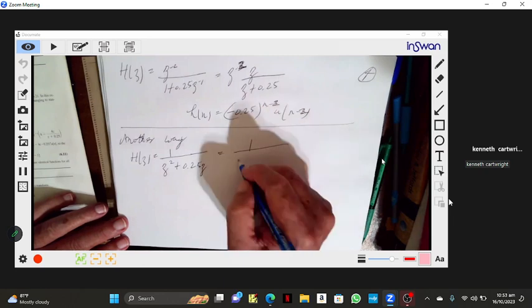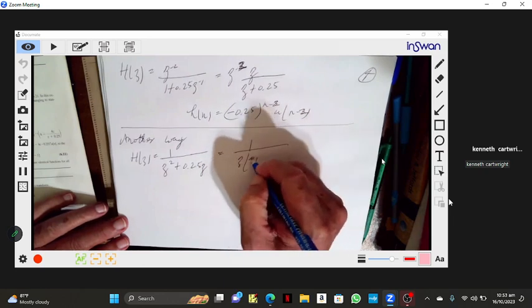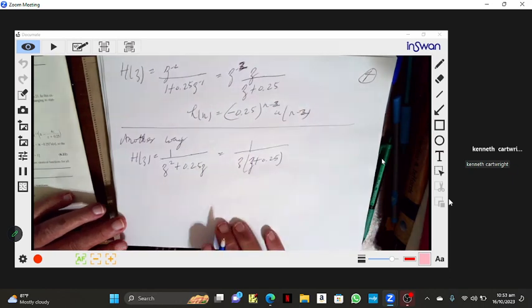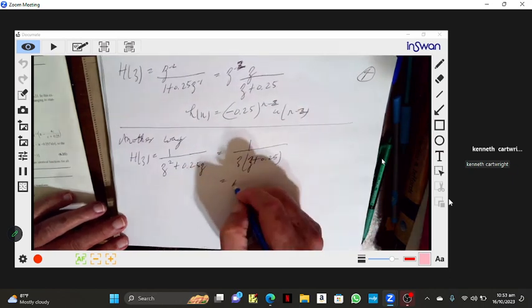So this here is... so now I can use partial fractions.